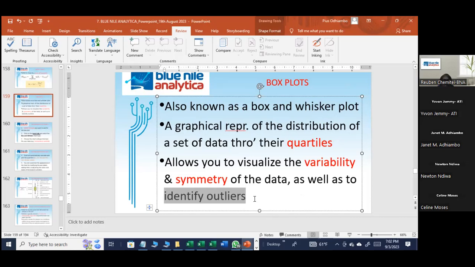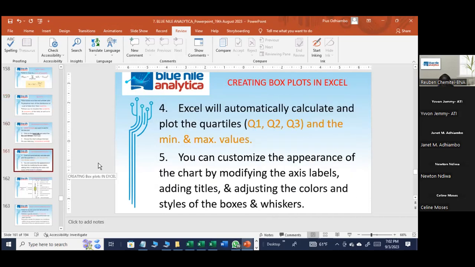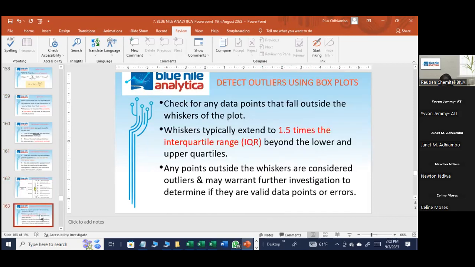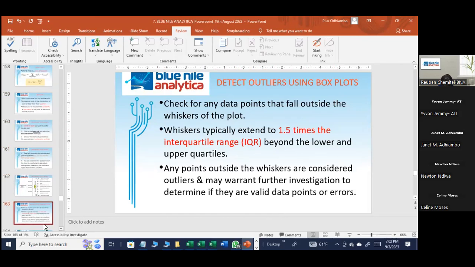It's a very important tool that we use to summarize data. The box plot will give you the quartiles. So for detecting outliers, you look at the ones which are beyond the lower and the upper quartiles. Any value beyond those, you can see those are outliers.